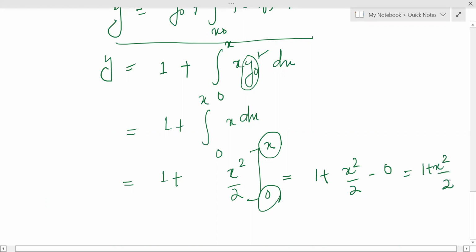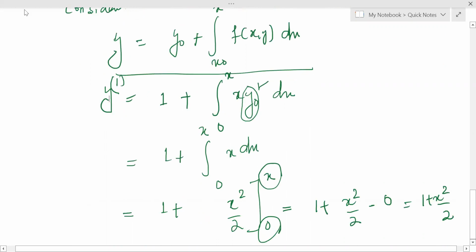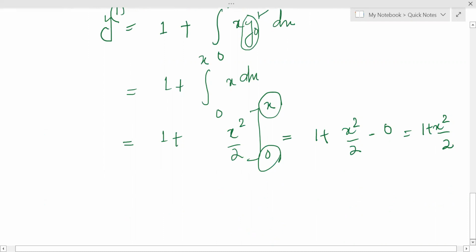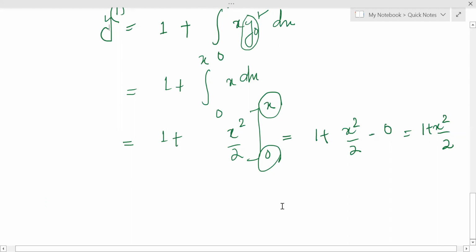This is the first iteration, sorry, this is y1. If you have any doubt from your side, you can ask me now.